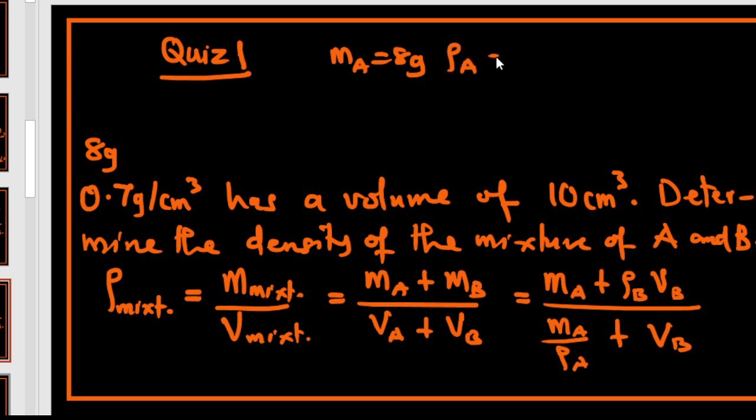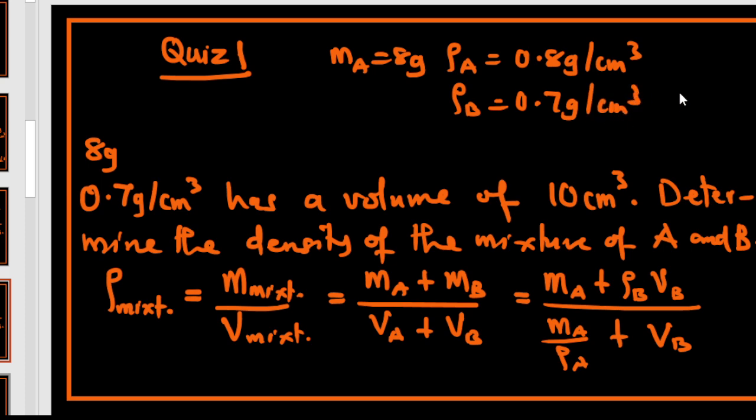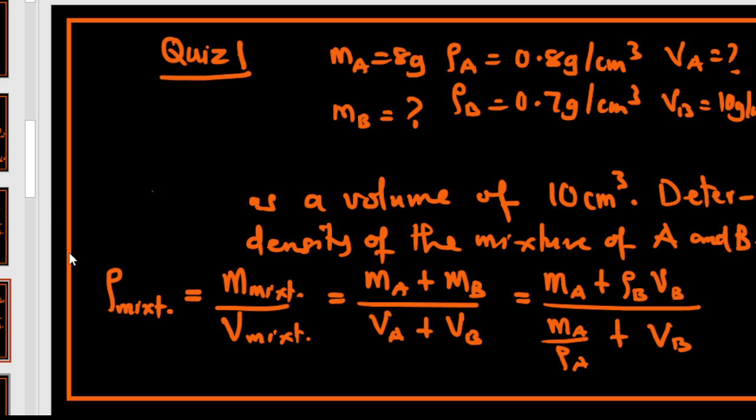Density of A is given as 0.8 gram per cm cube. Density of B is given as 0.7 gram per cm cube. Volume of A was not supplied. Volume of B is supplied as 10 cm cube. Mass of B, we don't know.